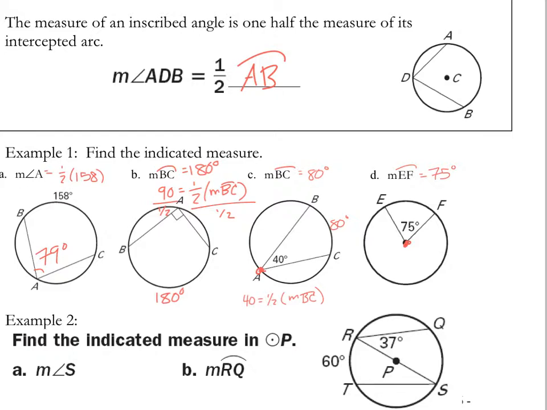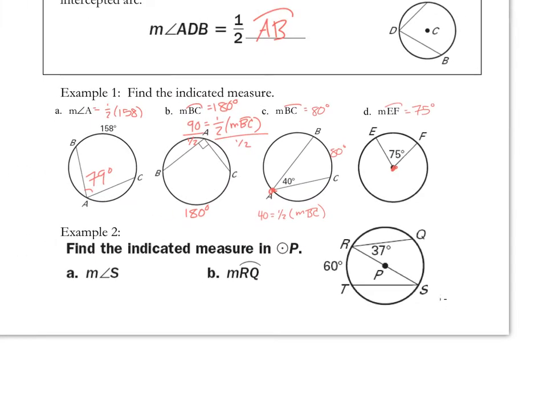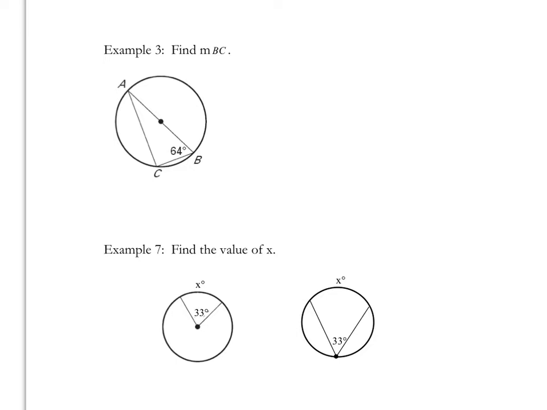So that's the biggest thing to forget, is that the central angle and the arcs are equal. We're going to skip this one. Okay, I want you to find the measure of arc BC and the value of x on the bottom too. So do this as a little quick check to make sure you understand the concepts.